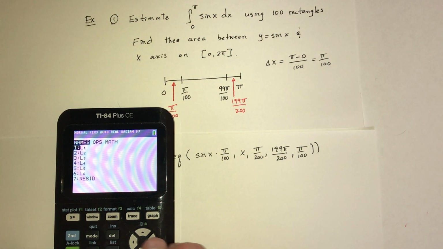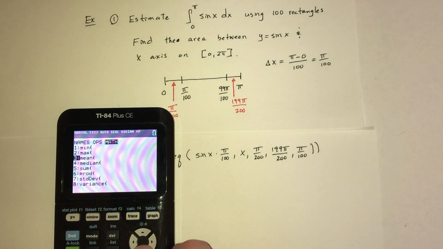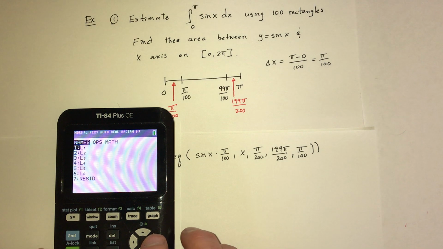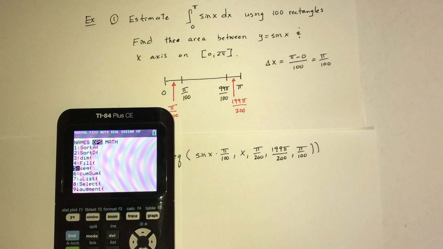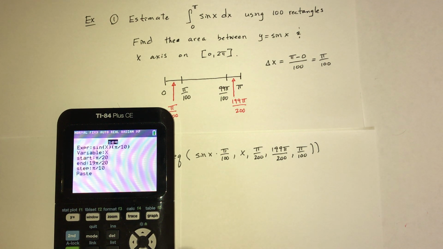So go to second list, math, and get the sum. Second list, operations, and get the sequence. And then it's going to be sine of x times pi over 100.